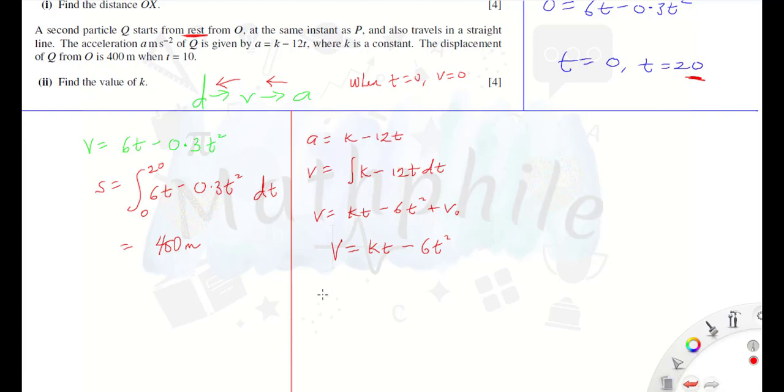So s is going to be equal to the integral of kt minus 6t squared.